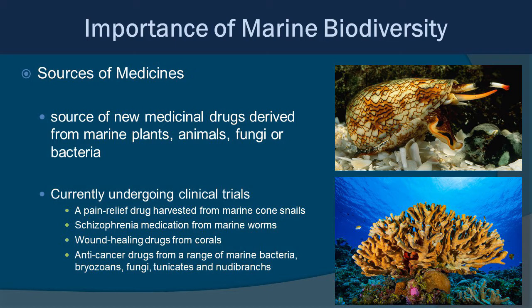A pain relief drug harvested from marine cone snails, pictured up on the top right, a schizophrenia medication from a marine worm, wound healing drugs from corals, and anti-cancer drugs from a range of marine bacteria, bryozoans, fungi, tunicates, and nudibranchs. It's really crazy how much the natural world has to offer in chemicals that are good for medical development and pharmaceuticals.